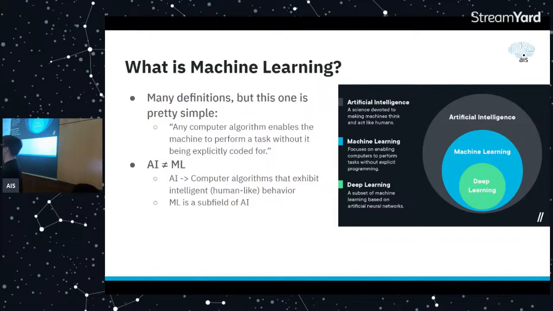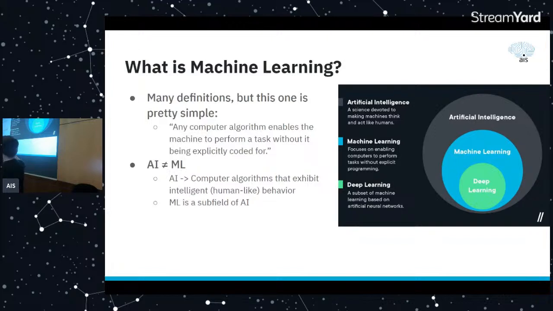For instance, if you're trying to train a machine to predict how many people are going to get an A on a certain test, it wouldn't be machine learning if you explicitly coded a bunch of if-else statements and just added the increment or something, because it is explicitly coded for. With machine learning, it's a bit less explicit, and you could basically have it create its own behavior, which is kind of cool.